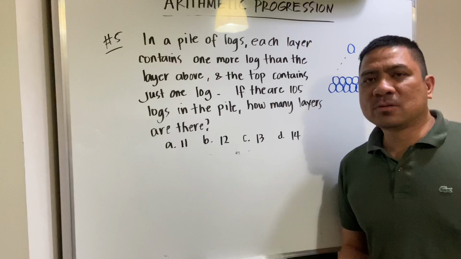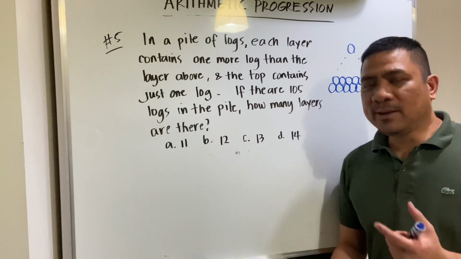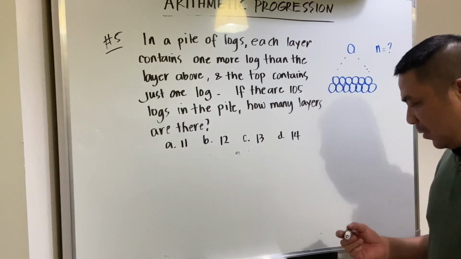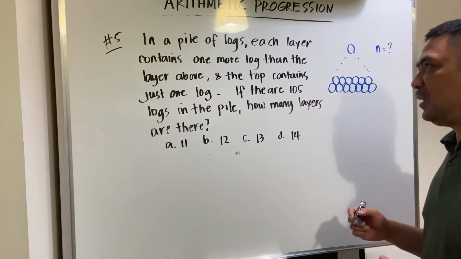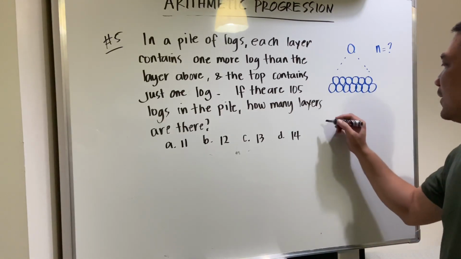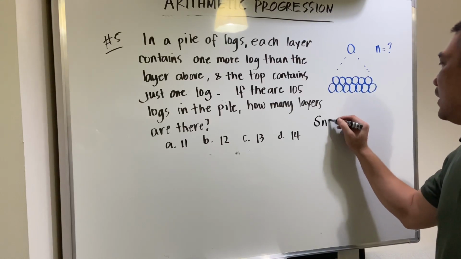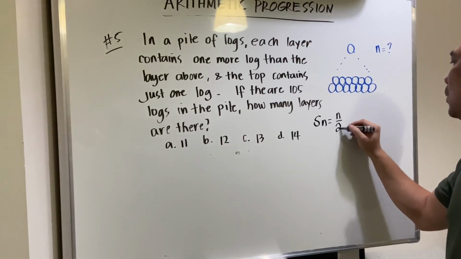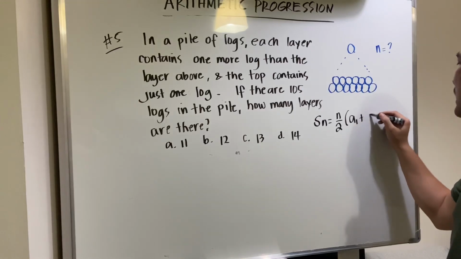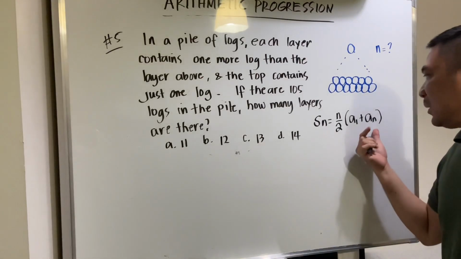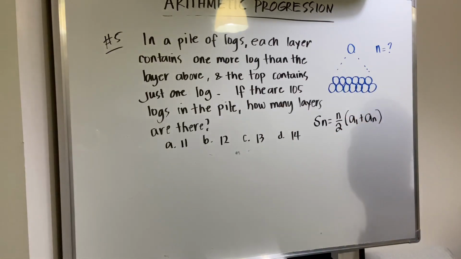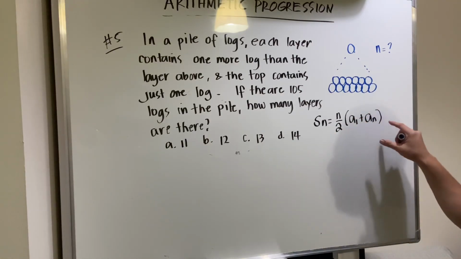So in this case, to solve the value of n, or the number of layers, we should be using the formula for sum of all the terms in an arithmetic progression, which is Sn is equal to n over 2, the first term plus the last term. Okay, but then again, we don't know the last term and we don't know the number of terms, so we have two unknowns here.